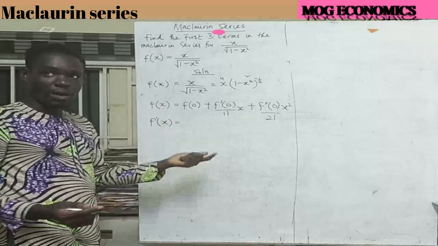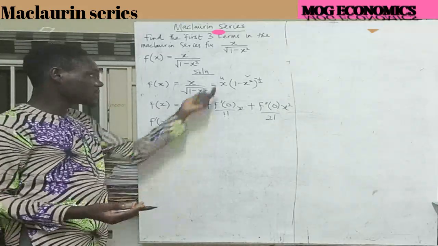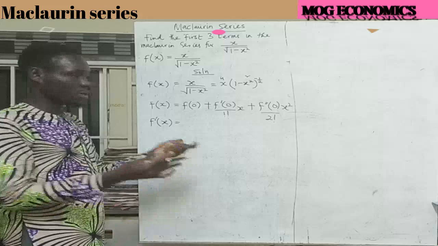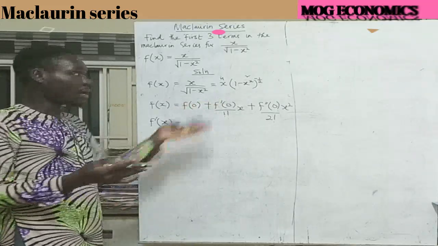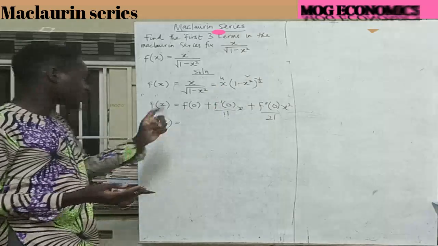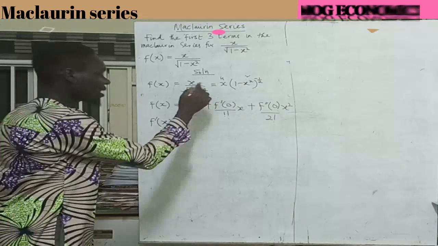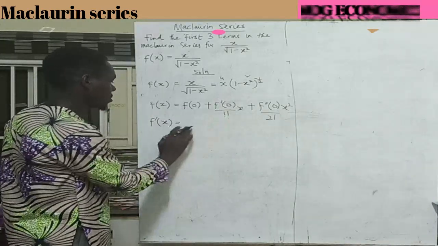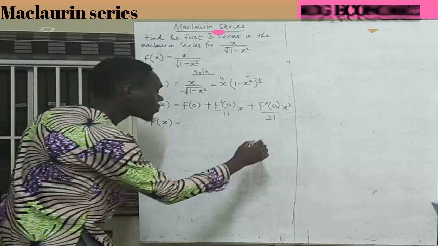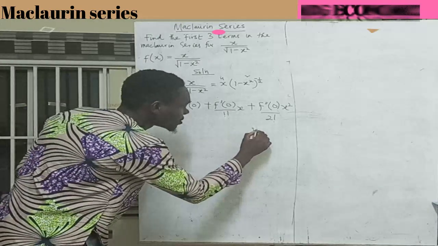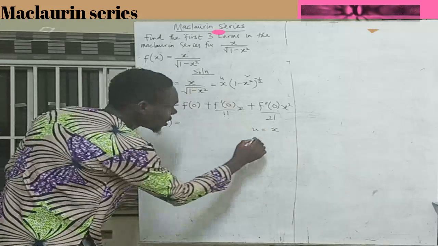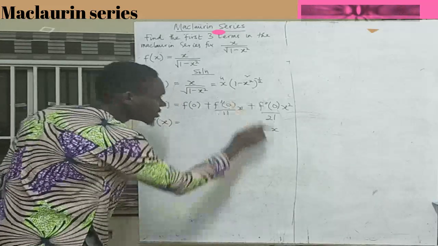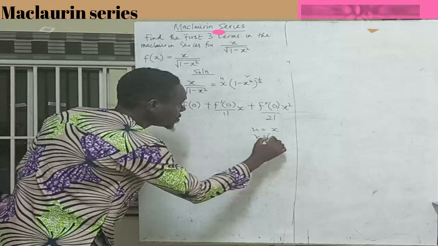Going back to our law of differentiation, when we have two entities that are separated by a product. Let's have a rough work somewhere. Let's say we have our x to be u, and the other entity here to be v.